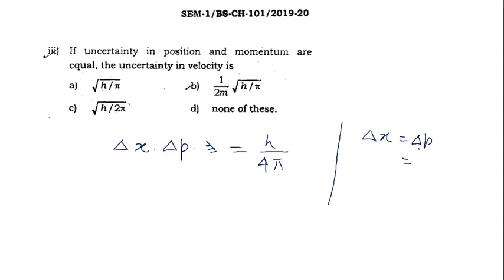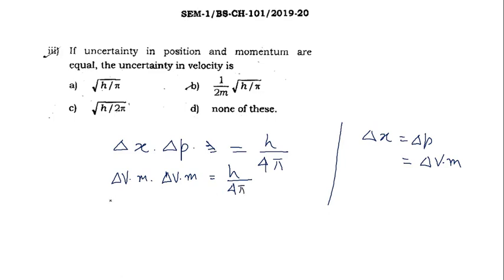Now in place of del p, what can you write? You can write uncertainty in velocity into mass. That means del v into m, and again del v into m equals h by 4 pi.